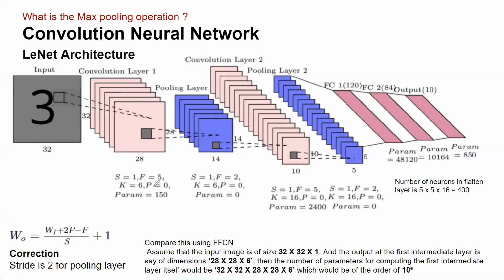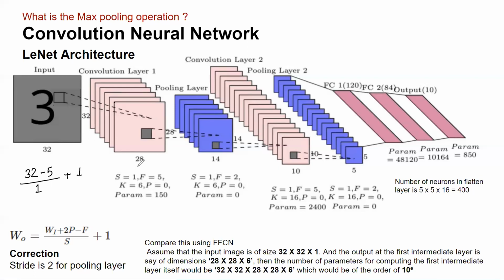How 28? 32 minus 5 by 1, plus 1. Exactly. So after convolution, this is the output you are getting, and the dimension is 28.